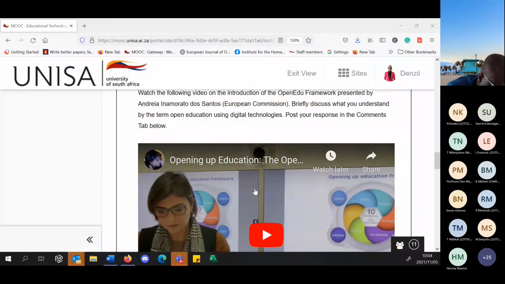For example, we can get the most sophisticated technologies in our institution, and if our students do not have those skills to engage with those technologies, then are we actually open in our curriculum design if we are creating stumbling blocks for our students? So this is what it means to open up the education space, opening up education using digital technologies, right?